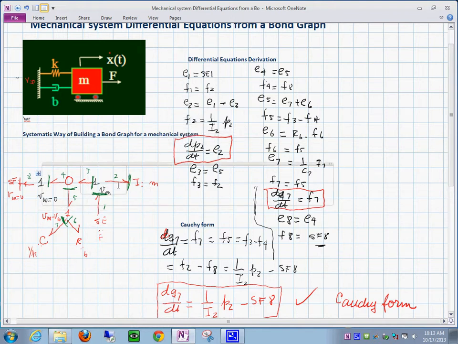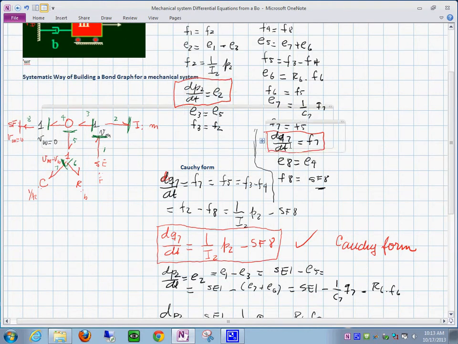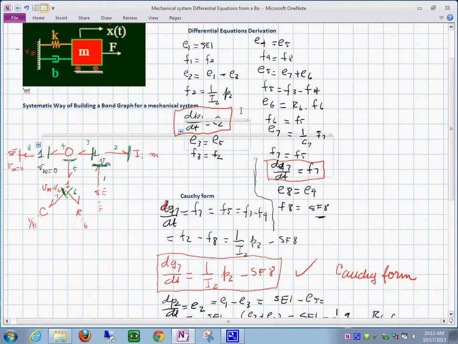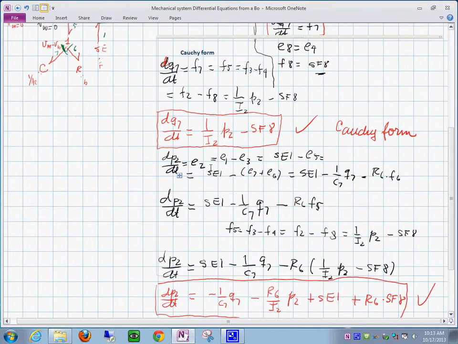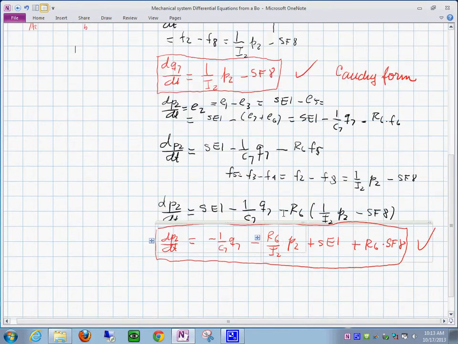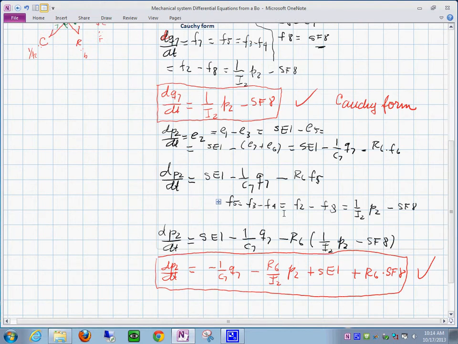Then I went into each bond and wrote the individual constitutive relations of the elements. And after that, I took the two differential equations that were generated and did a backward substitution based on the little table in here to come up with the two equations which are the Cauchy form of the equations.